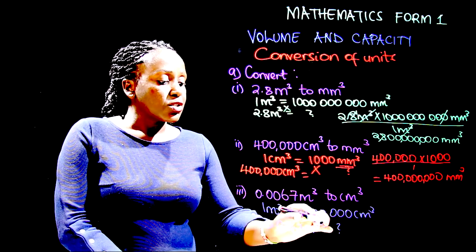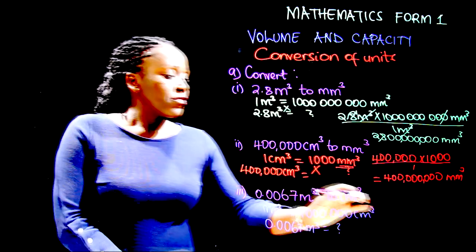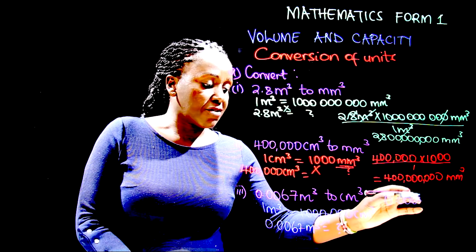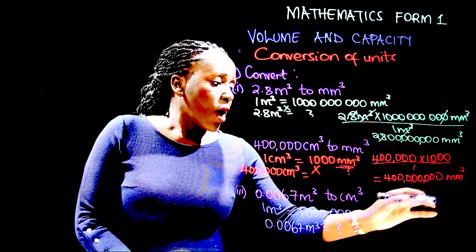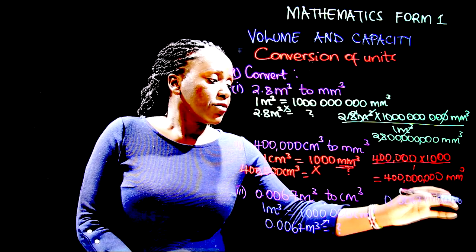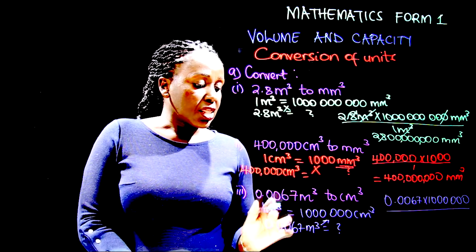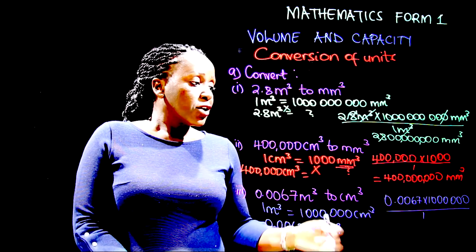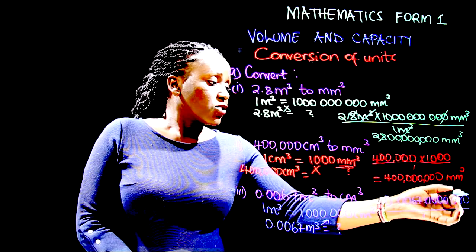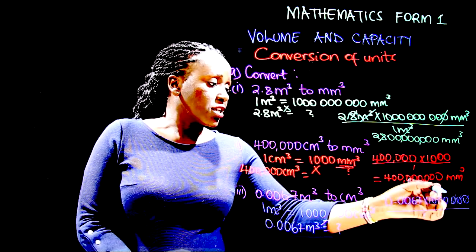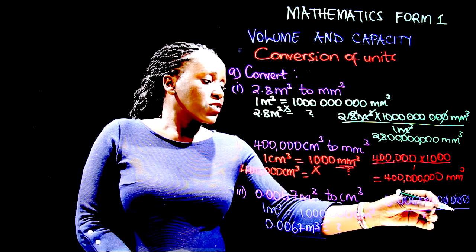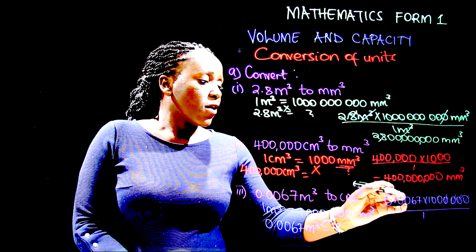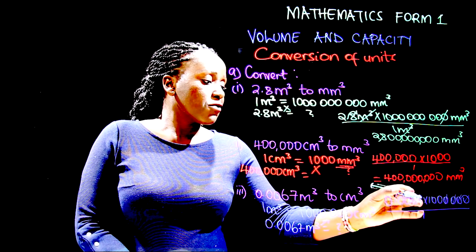So again, we cross multiply. 0.0067 times 1 million, then divide by 1. We have 4 decimal places here. So to eliminate them, we cancel out 4 zeros, so we'll be left with 2 zeros. The decimal point will move forward 1, 2, 3, 4.